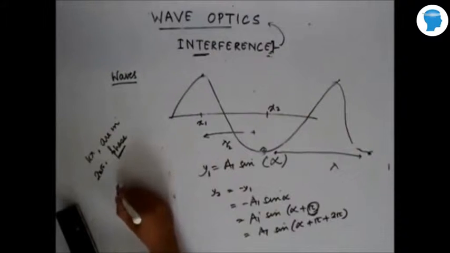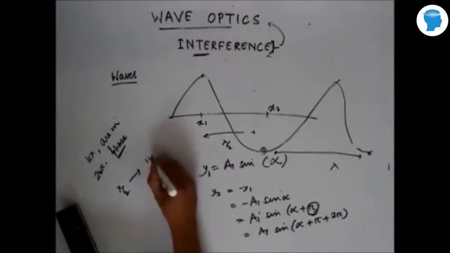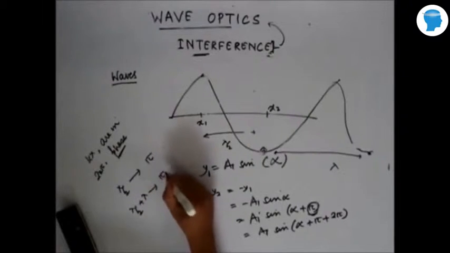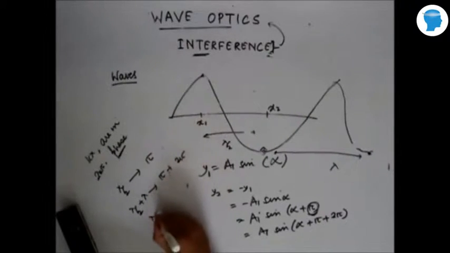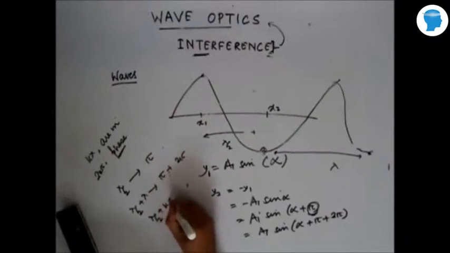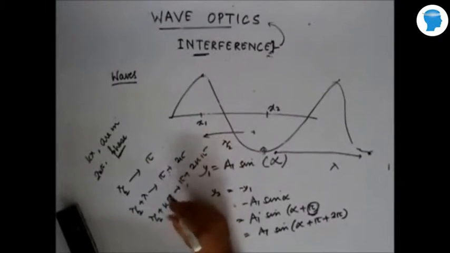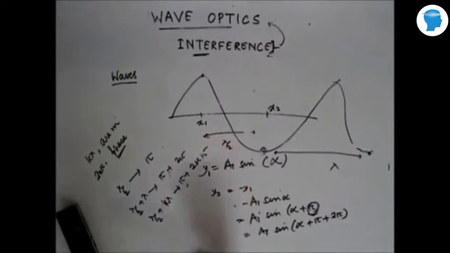So I can write that lambda by 2 was equal to addition of pi. Lambda by 2 plus lambda was equivalent to adding pi plus 2 pi. You know that lambda by 2 plus k lambda is equivalent to adding a phase of pi plus 2k pi, because k lambda is equivalent to 2k pi.